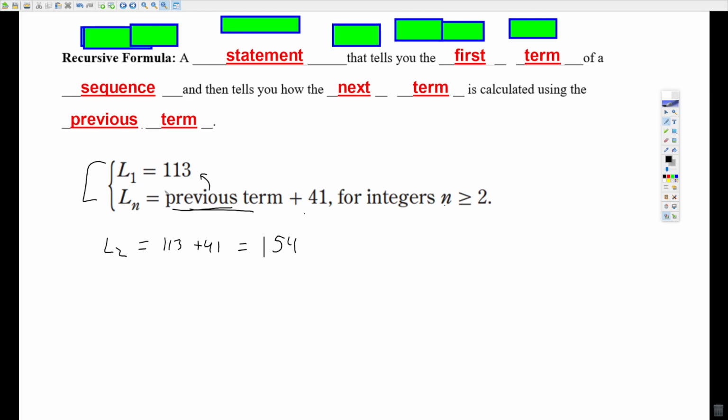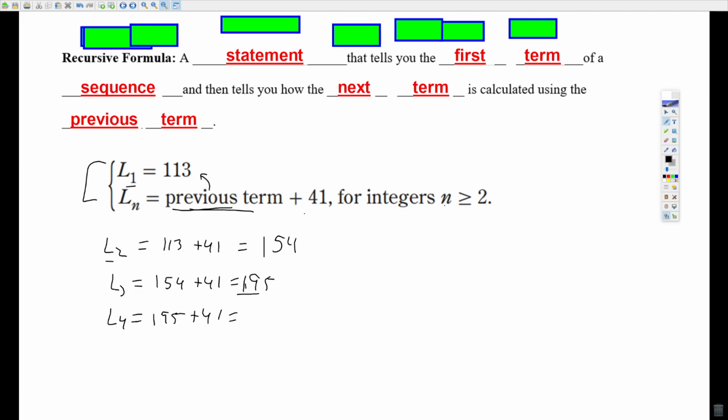And then we can keep doing that to get other terms. So we have our first term, now we have our second term. To get L sub 3, it would be the previous term, which again is 154 now, plus 41. And that would be 195. We'll do it 1 or 2 more times. To get L sub 4, that would mean take your previous term, 195, and add 41.